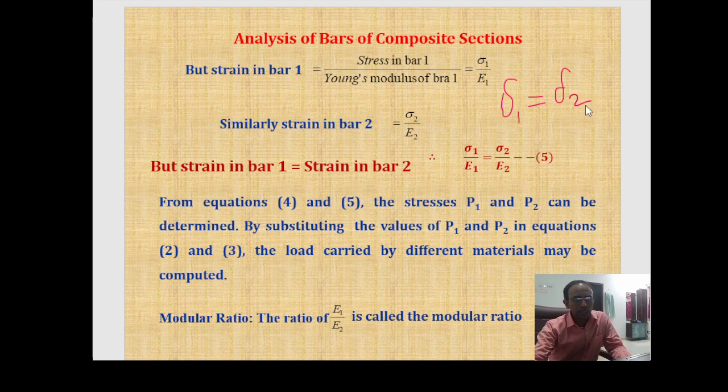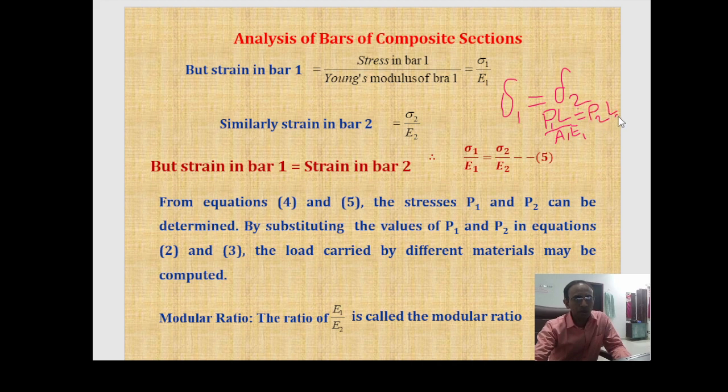And that one we will write as PL by A, the standard basic formula, right? P1 L1 and L2 are of course the same, so I am not writing L1. But the cross-sectional areas are different and the Young's modulus may be different. So in that case, this is the equation: P1 L by A1 E1 equals P2 L by A2 E2.